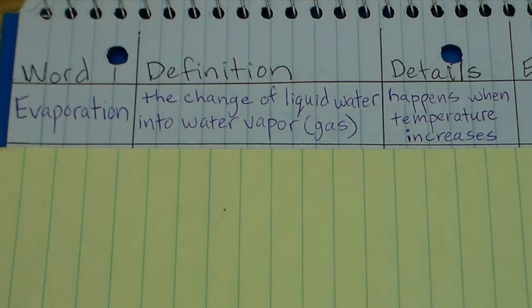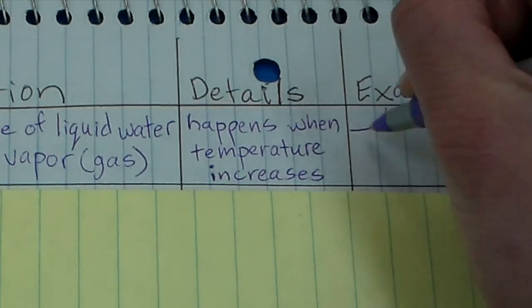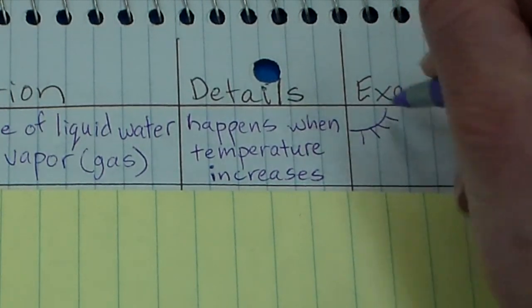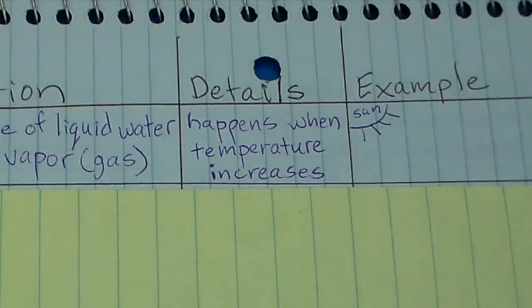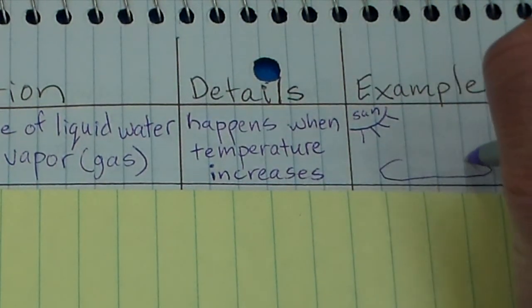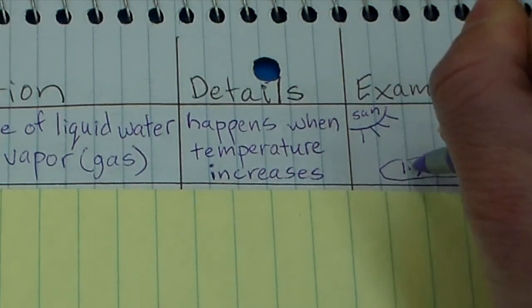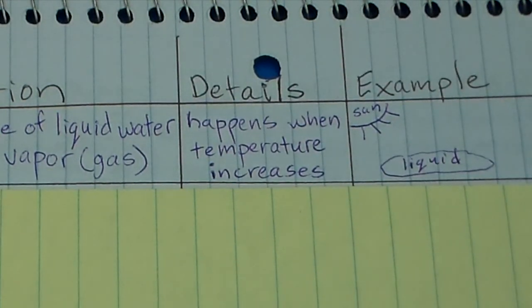And in the case of the water cycle, that increase in temperature is going to be brought to you by the sun. So for my example, I'm going to draw water evaporating from a puddle. I'm going to start by drawing my sun, which is my heat source. That sun is going to shine on my puddle or my lake or my ocean, right? That's where the liquid water is.